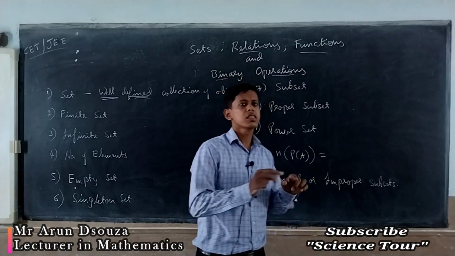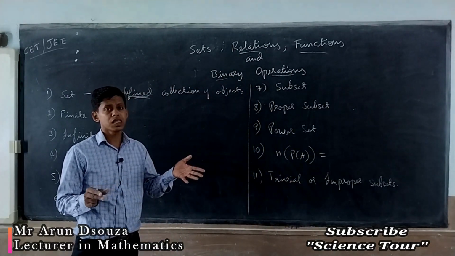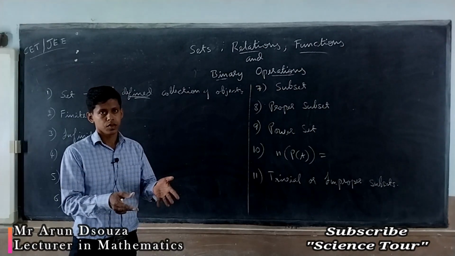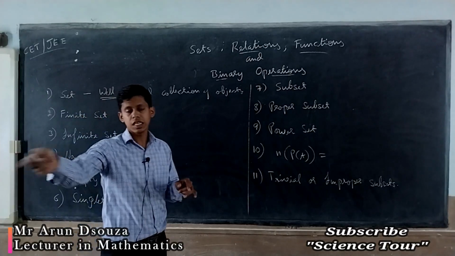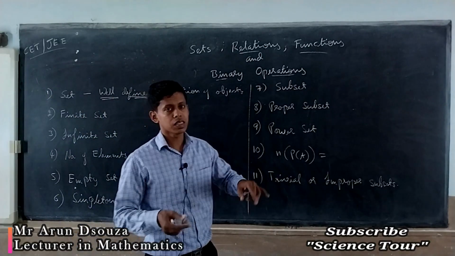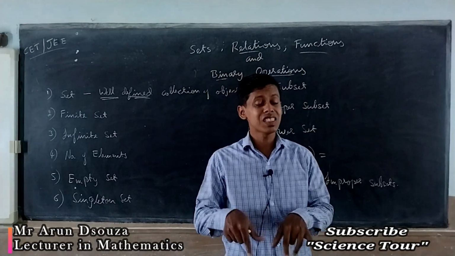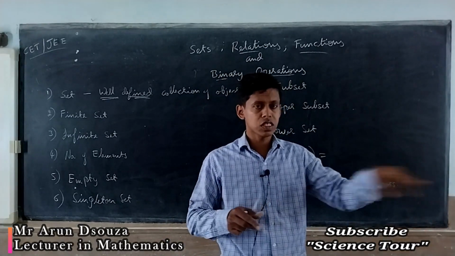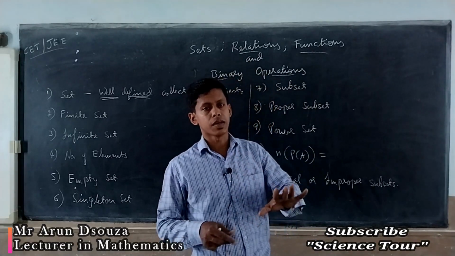You may forget a name, but that does not mean that your list is perfect. You can't say that I have written one name extra and you have written one name less, therefore we don't have the same opinion. You have missed one name, you must include it, then only your set will be complete. Therefore it is well defined.